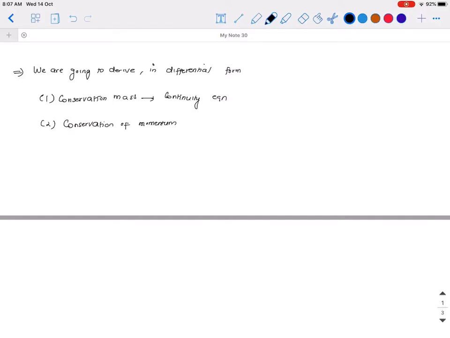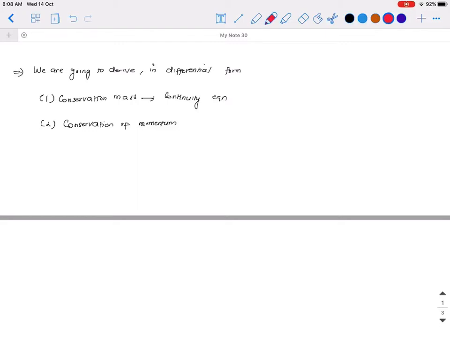Usually conservation of energy is dealt with in an advanced course on compressible flows, but since we are in an introductory fluid mechanics course, we leave out the energy equation in this chapter.